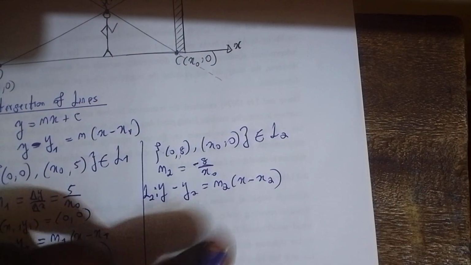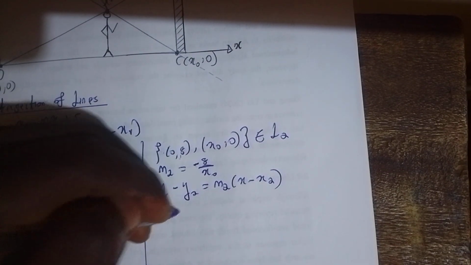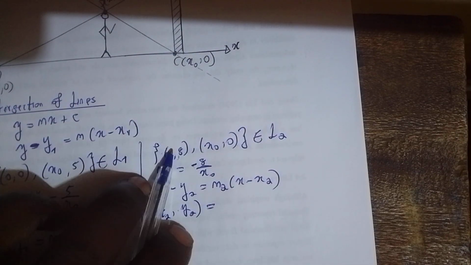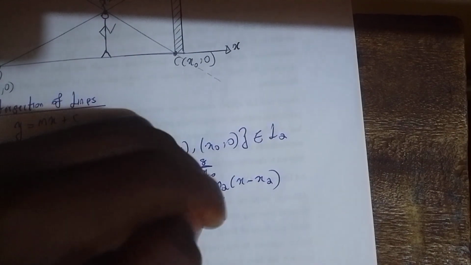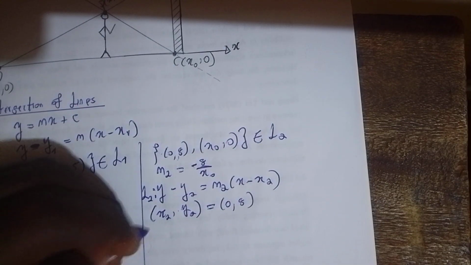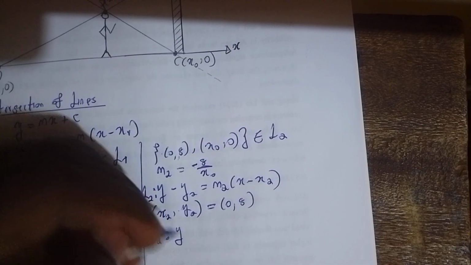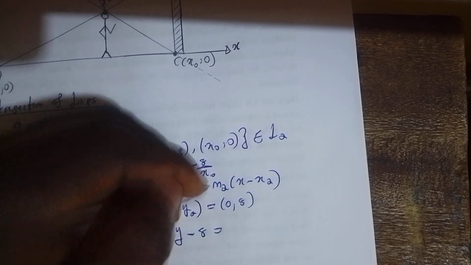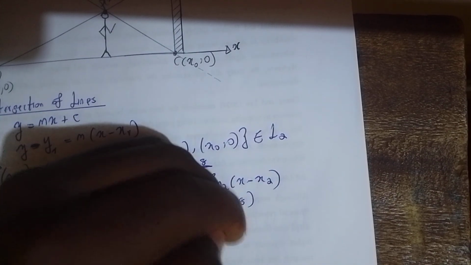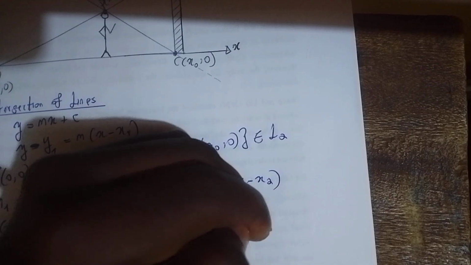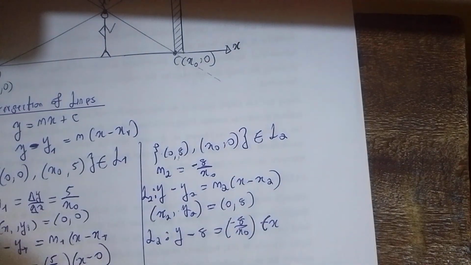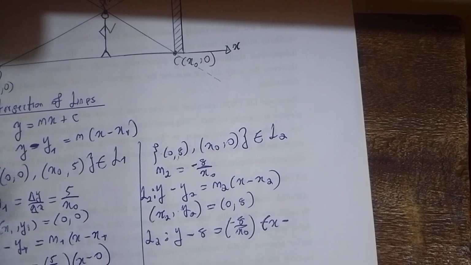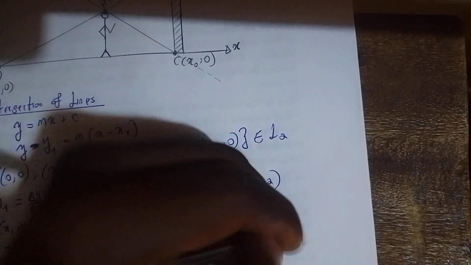So we'll choose our point x2, y2 to be, let's choose any, I'll choose 0, 8, so that line 2 is going to be such that we have y minus y2, 8, should be equal to m2, calculated to be minus 8 on x naught, into x minus x2, my x2 is 0.